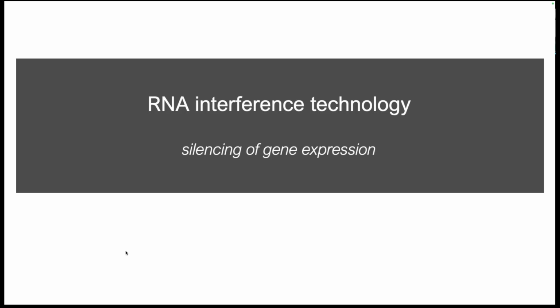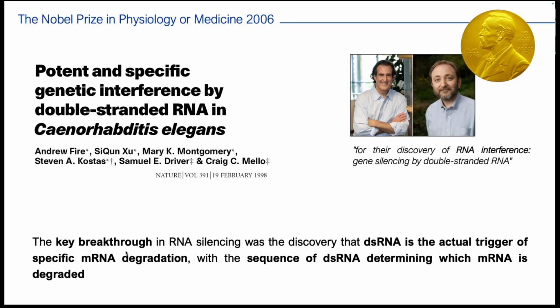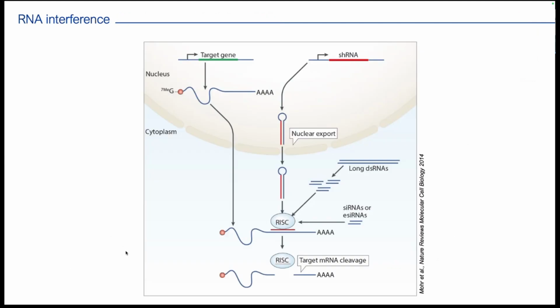And so starting with RNA interference, as you know, Nobel Prize 2006, the discovery of this mechanism of interference of messenger RNA by RNA, determined by the sequence of the RNA. So I don't want to explain to you how siRNAs work. You know that.